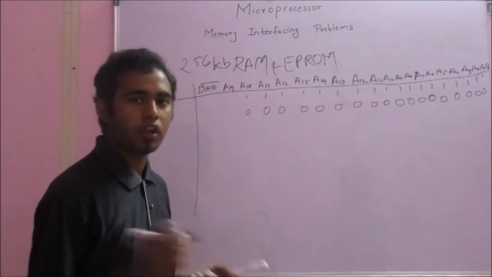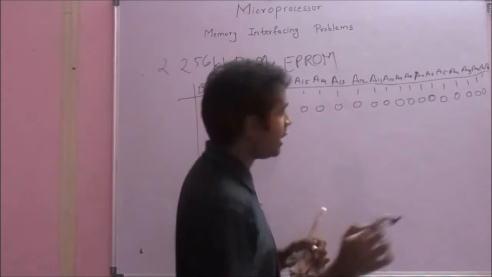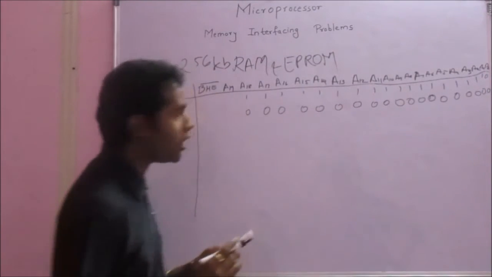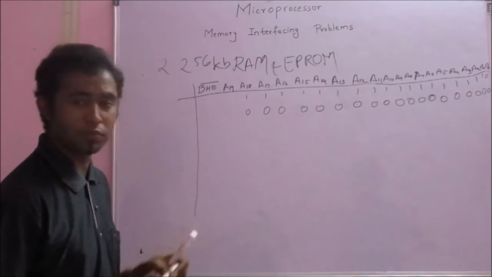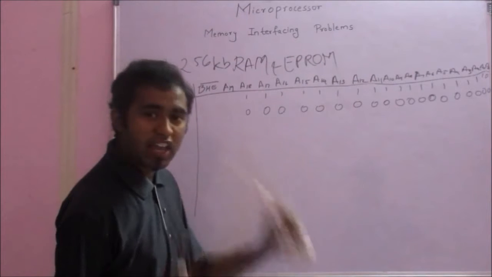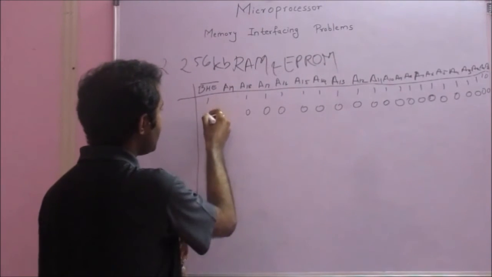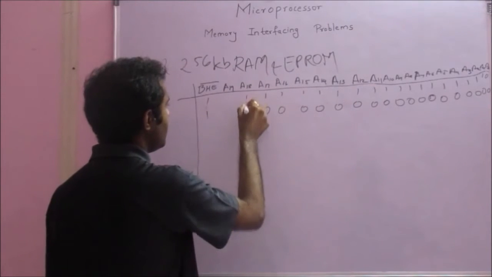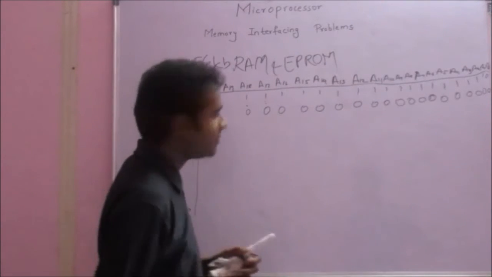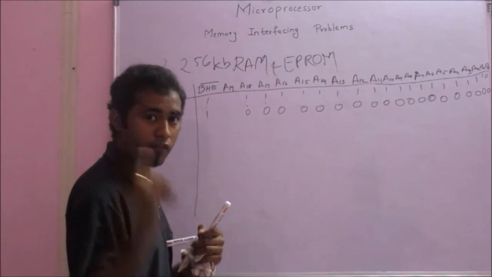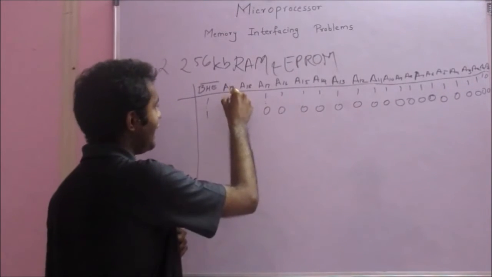Now I draw a zero in A0, which means the even bank is selected. I draw 1 for BHE, and I place 1 in A19.